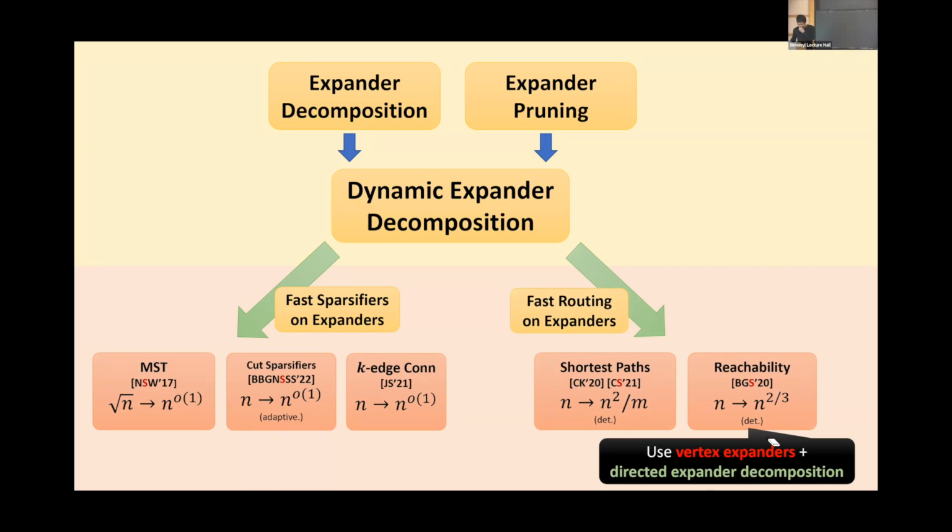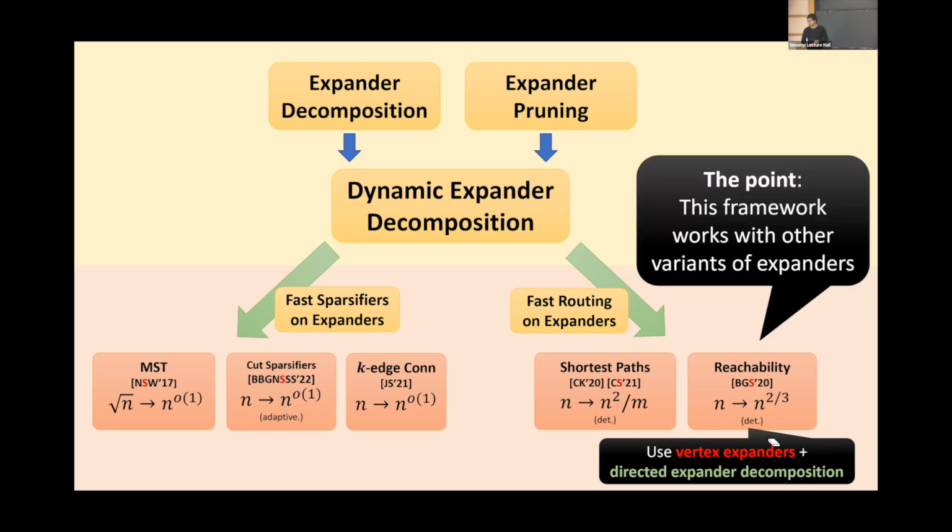And actually this result here works with vertex expanders and even in directed graphs. Why do I mention this? Because I just want to point out that this framework is robust enough for many other variants, other notions of expanders.